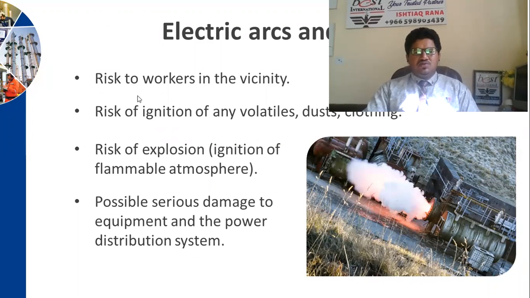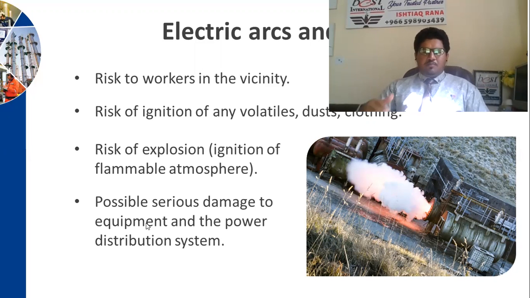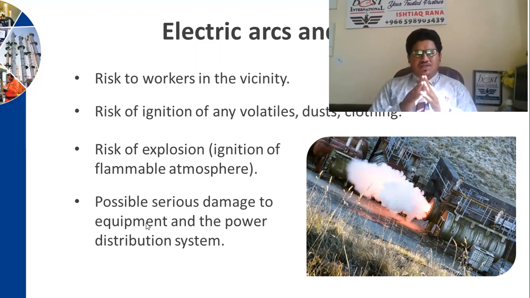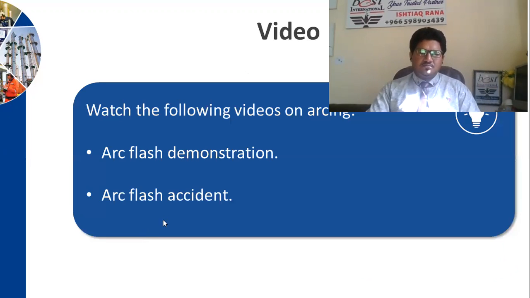Electric arcs and sparks are a risk to workers in the vicinity, and also a risk of ignition of any volatile dust or clothing, and a risk of explosion, especially if a flammable atmosphere is there. There is also possible serious damage to equipment and the power distribution system.